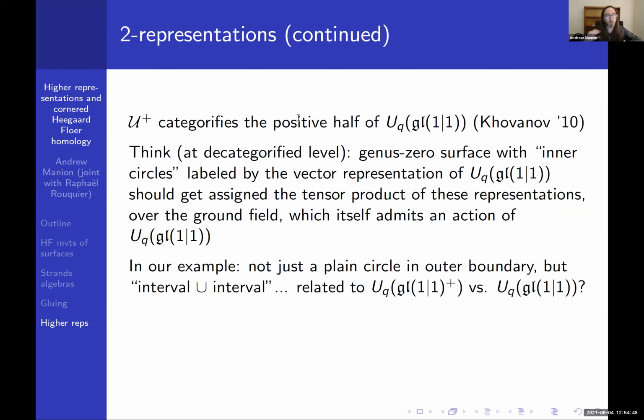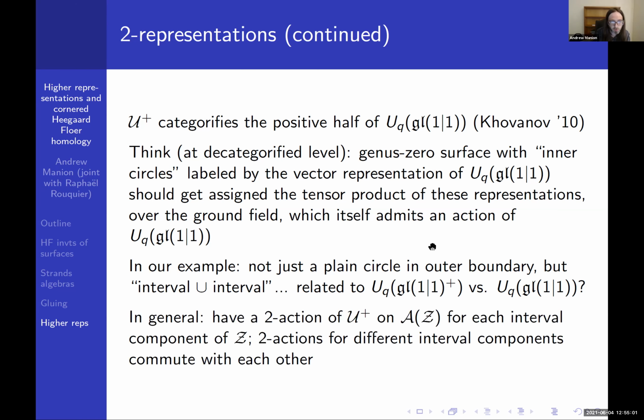And on the other hand, what sort of action do we have? It's of the positive half of gl(1|1), this categorified positive half, this U plus thing. So somehow that seems related to circle versus interval.